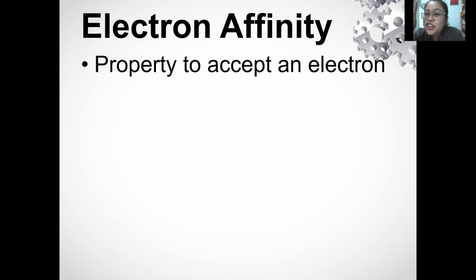It's about electron kasi. So electronegativity is attract. Ionization energy is remove. I-remove niya talaga yung electron. But electron affinity is accept. So mag-a-accept siya ngayon ng electron from other elements.